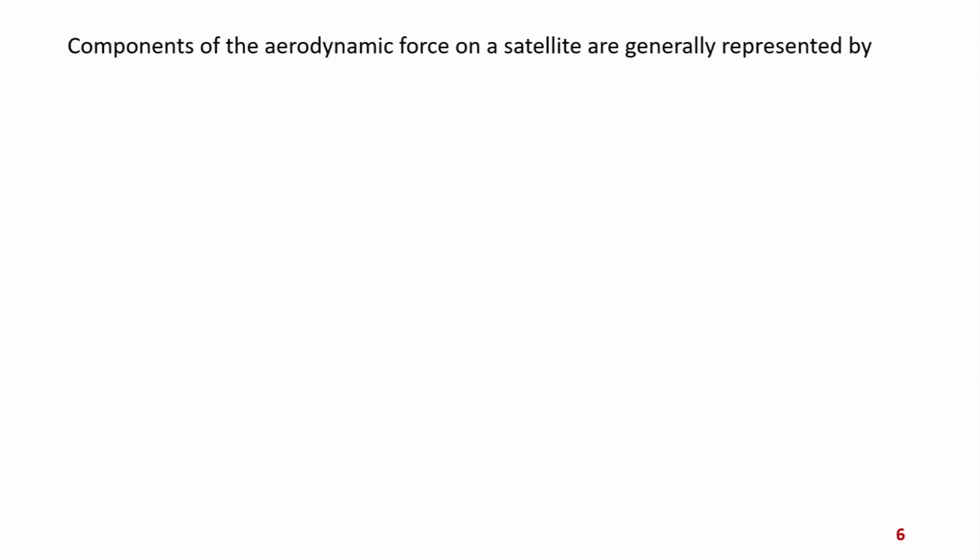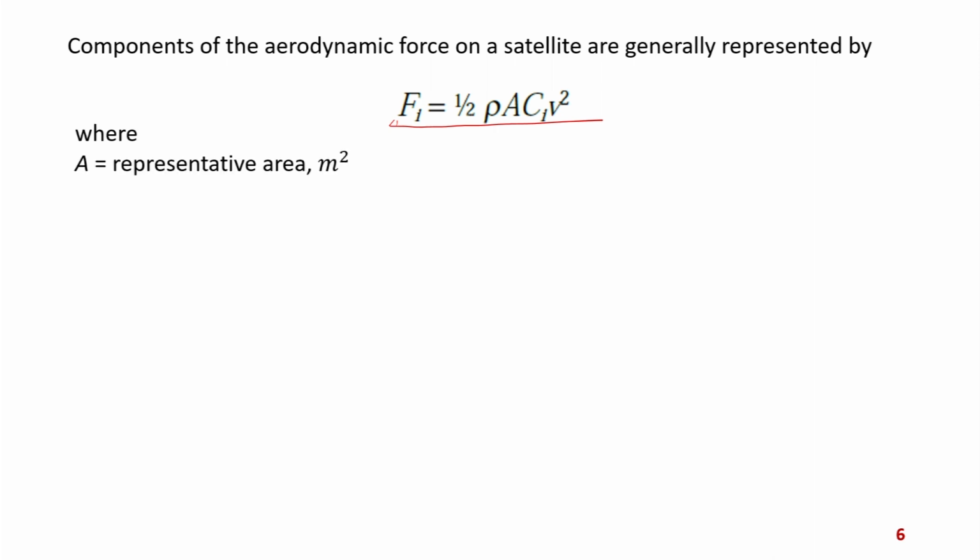These components of the aerodynamic force on a satellite are represented by these expressions: F_i equals half rho A C_i V squared. Let us see what these parameters are. A is a representative area of the moving body, here the spacecraft, expressed in meter square.